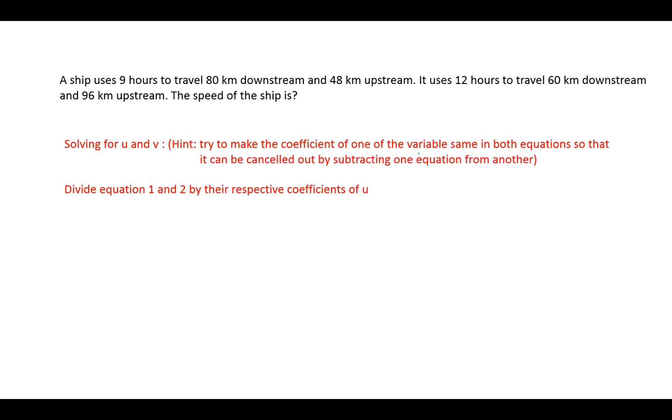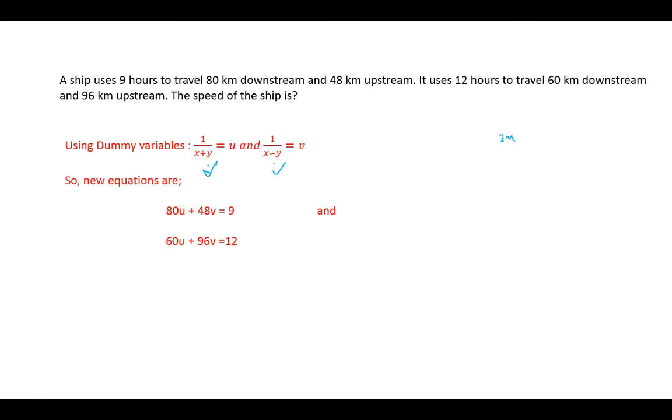Okay, so for solving u and v, basically what we are trying to do is we are solving simultaneous equations. So one of the important things we do is we try to make the coefficient of one of the variables the same in both the equations so that we can cancel it out by subtracting one equation from another. See, basically, if I have to solve these equations, there are a lot of ways, right?